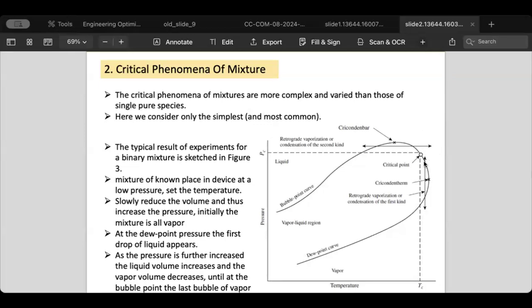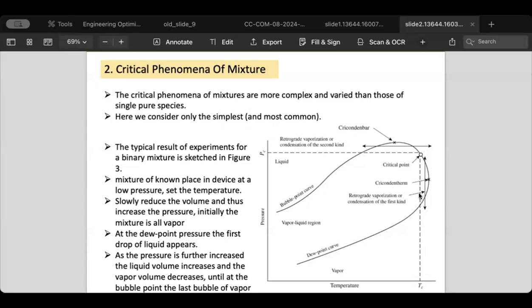But what is the difference when we start from this point and when we start from this point? When the temperature is below Tc and above Tc, what happens?